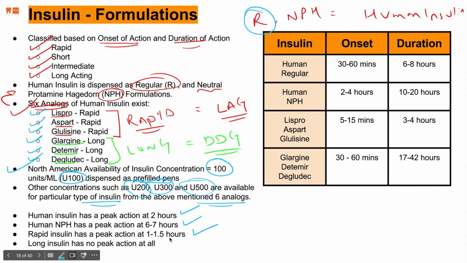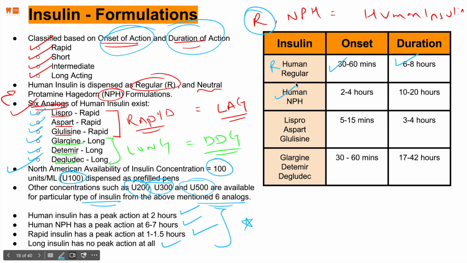A long insulin has no peak action at all. So you can tell that duration of action and onset of action is very, very relevant in formulation of insulin. So let's take a look at the summary chart we created for you. Human regular insulin, which is R, onset is between 30 to 60 minutes after administration. Duration, 6 to 8 hours.